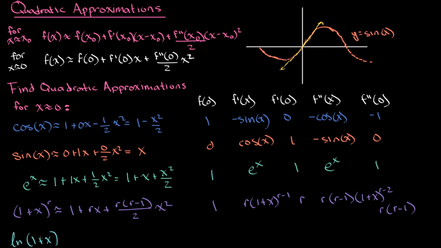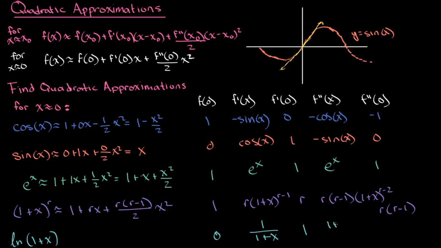And then lastly, the natural log of 1 plus x. Evaluating that at 0, we get the natural log of 1, which is just 0. Taking the derivative, we have 1 over 1 plus x. Evaluating this at 0, we have 1 over 1, which is just 1. And then taking the derivative of 1 over 1 plus x, I'm just going to rewrite that.